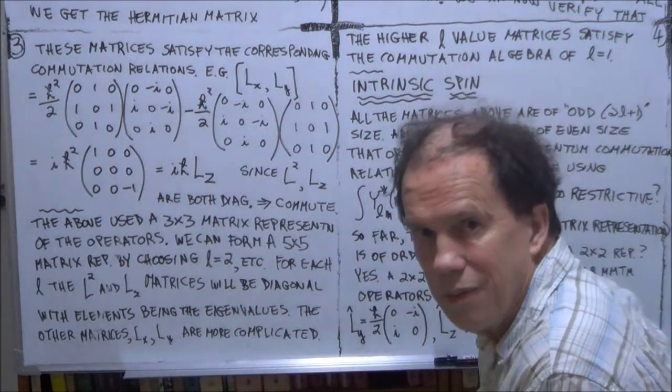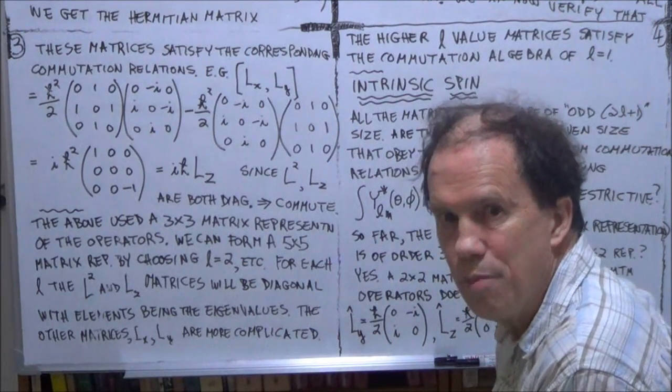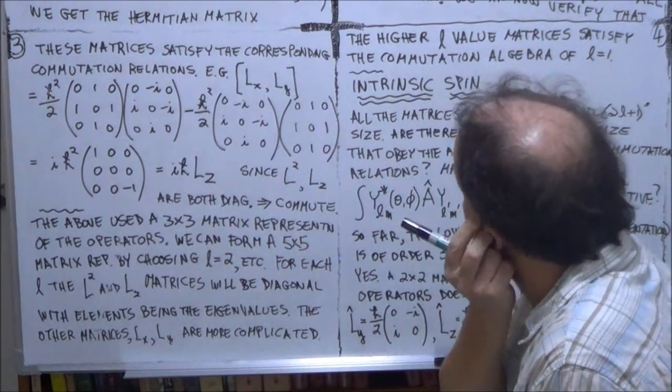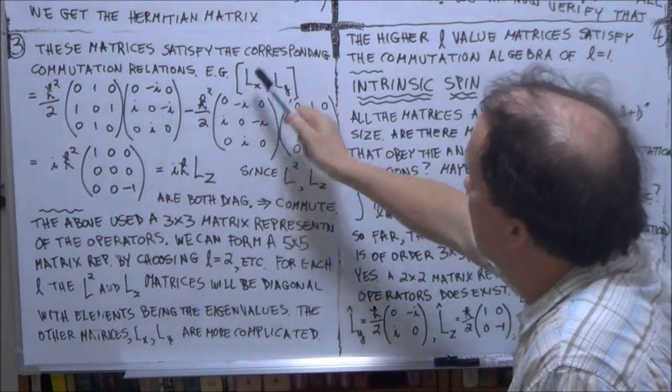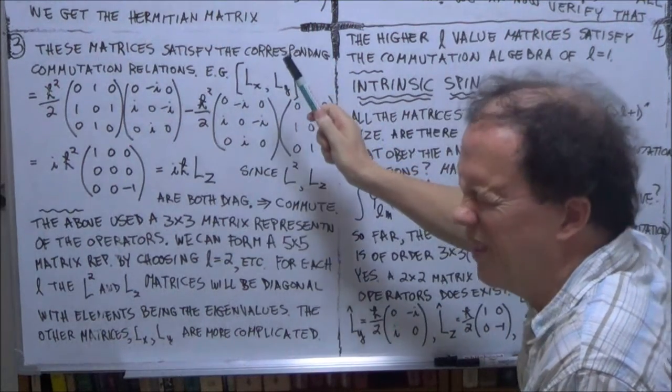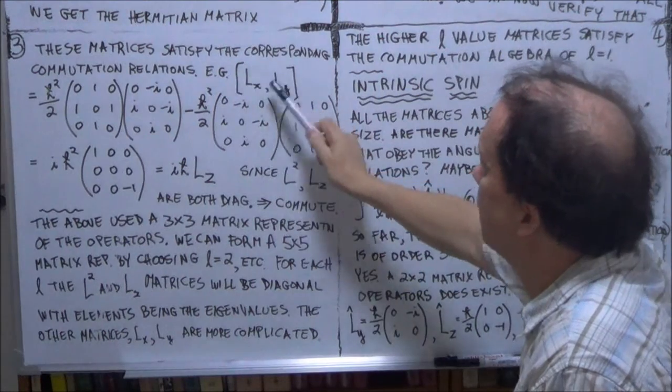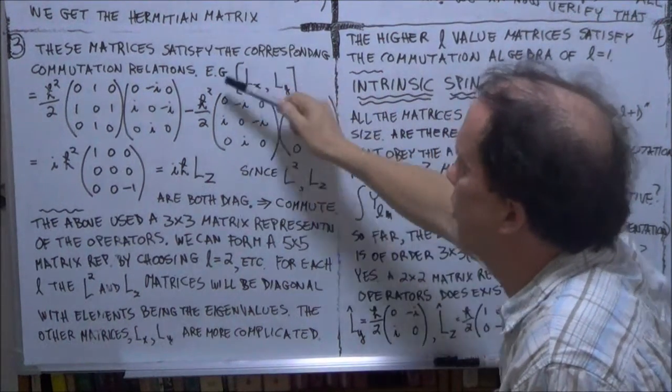That's why they're called representations of the operators. So here's the commutator of the matrices: Lx Ly minus Ly Lx. That's the definition of the commutator.